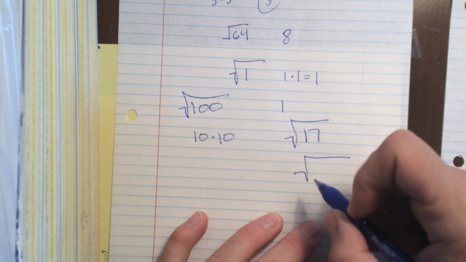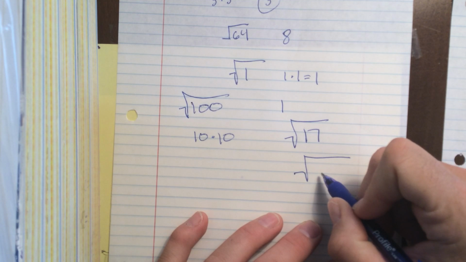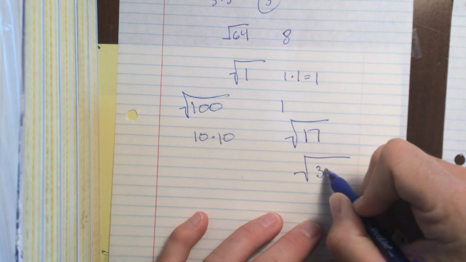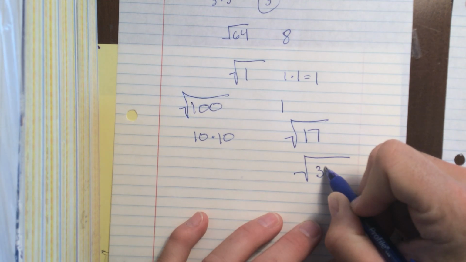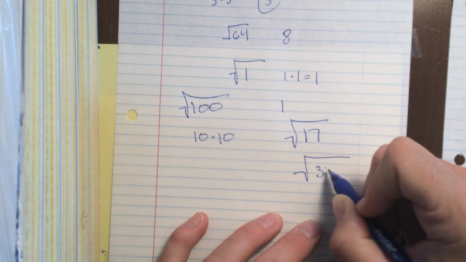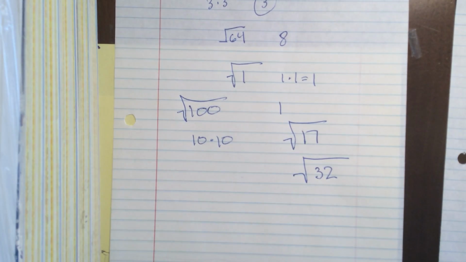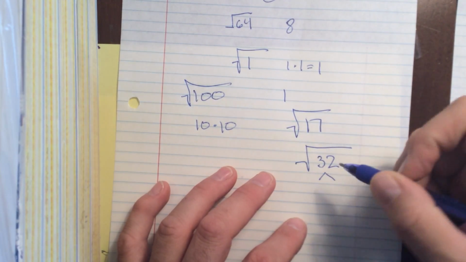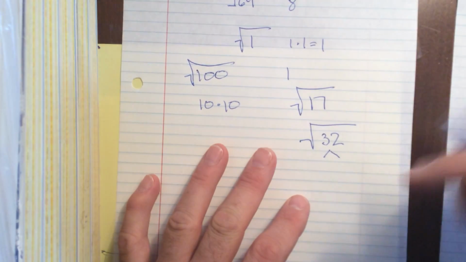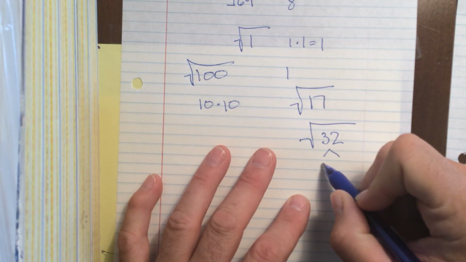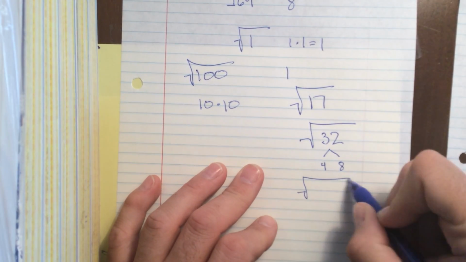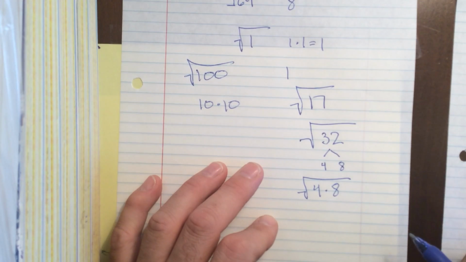However, you could have the square root of 32. Okay. And then what you can do is break it down. Like, how can I break it down into smaller factors? Well, I know that 4 times 8 equals 32. So I have the square root of 4 times 8.